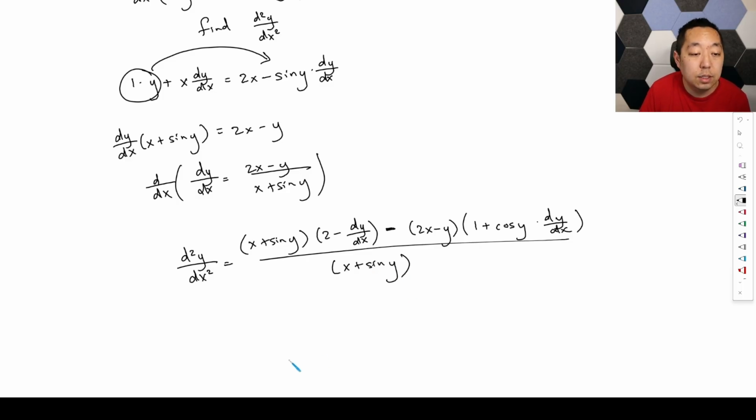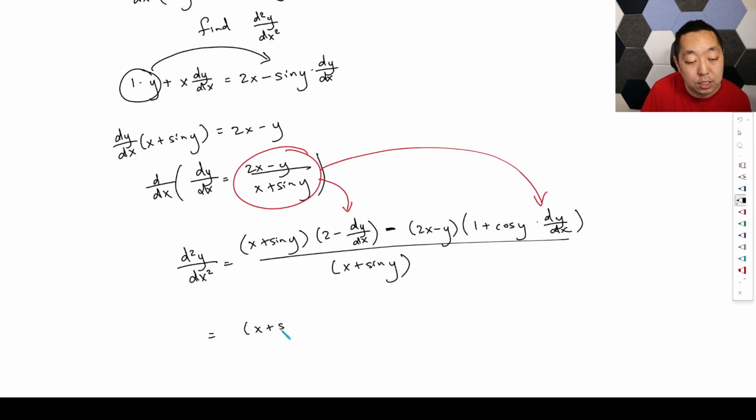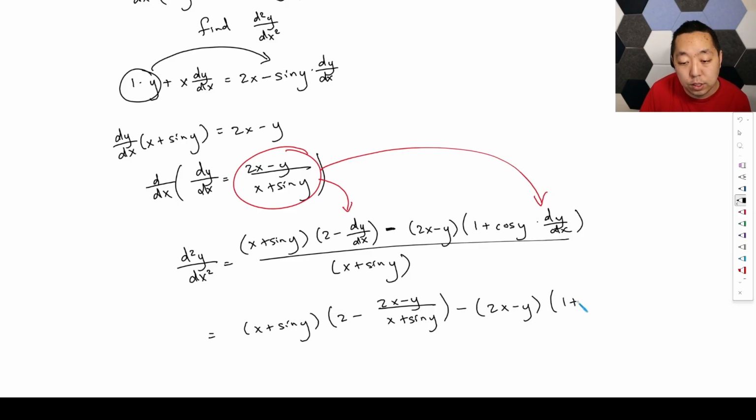Okay. Now, you have these dy/dx's, which you can then take and plug straight into here for all these dy/dx's. Now, it's going to be very messy because I didn't pick a problem that was necessarily very easy to solve, but that will give you an expression for the second derivative, right? And so you can see how it gets very ugly here. 1 plus cosine y, and then just times this thing.